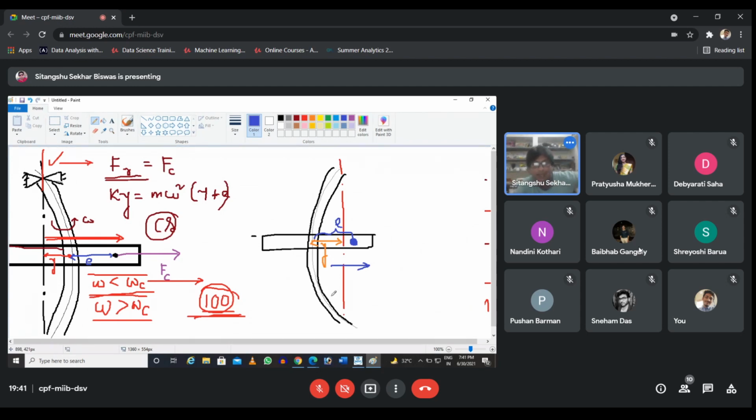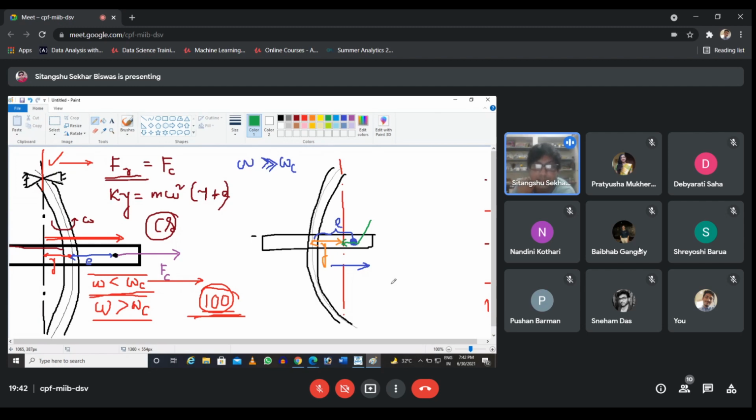Now the third condition: if your omega is very, very much greater than your critical speed, what will happen? In some condition, this point will shift somewhere and it will come here, to the center of the axis of rotation.